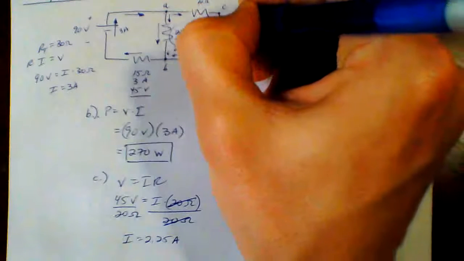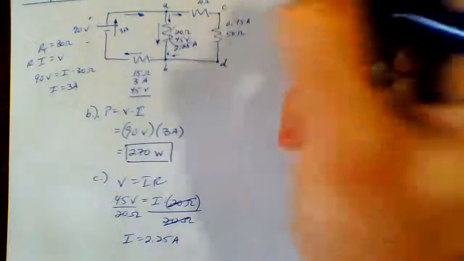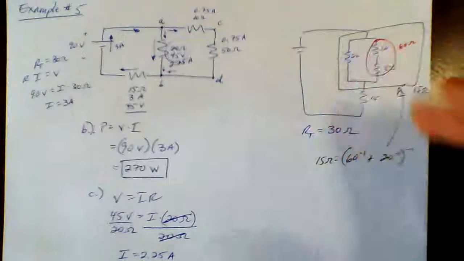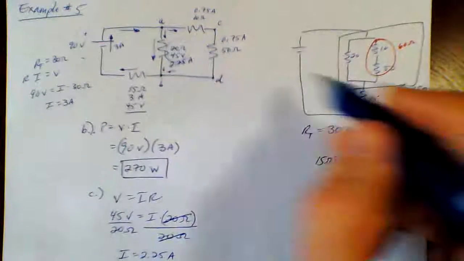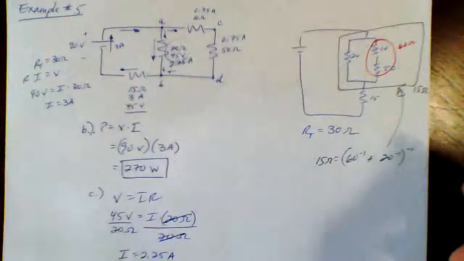I equals 0.75 amps. If I want to know the voltage at each of those resistors, I'm going to multiply those two things together.